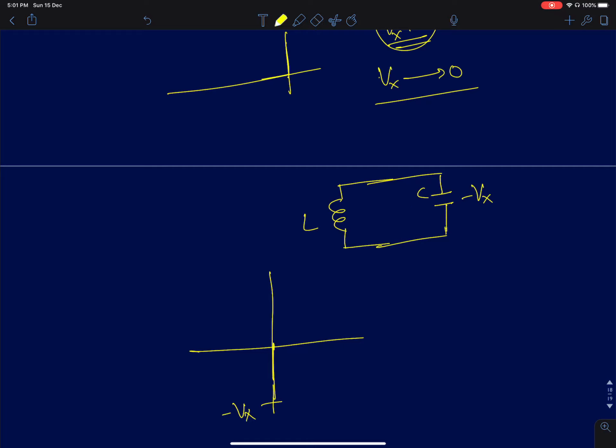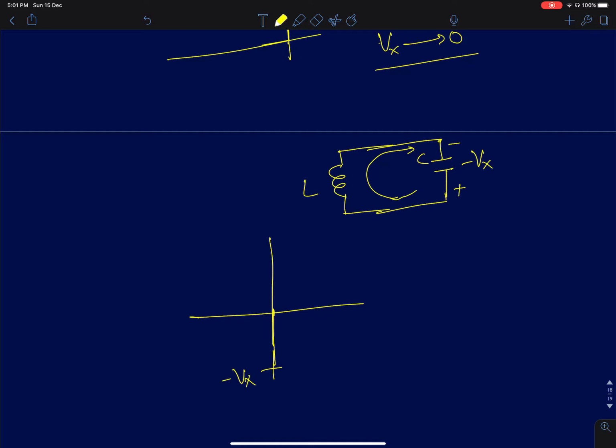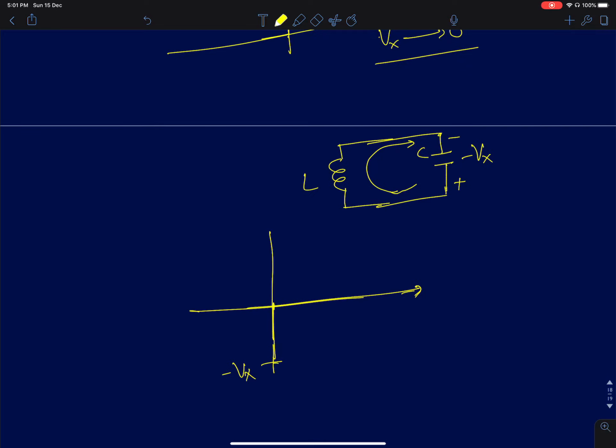Because the diode is an open circuit, it will just behave like a regular LC circuit, a standard parallel LC tank. So there will be a flow of current in this direction. This is positive, this is negative. The voltage across the capacitor will start reducing. It will try to become less and less negative, and eventually, at one point, it will reach 0.